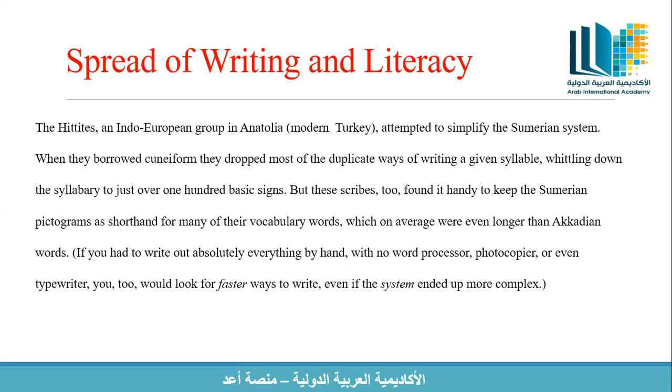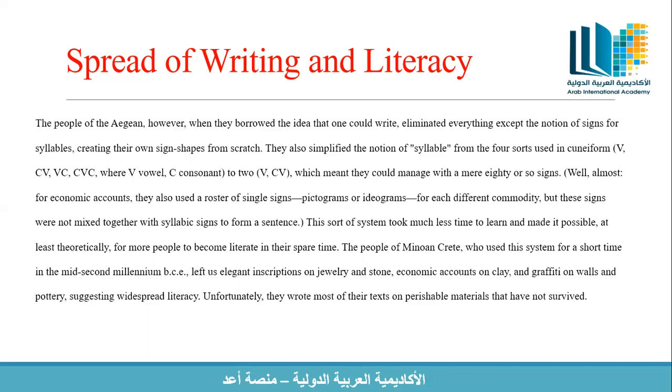If you had to write out absolutely everything by hand, with no word processor, photocopier, or even typewriter, you too would look for faster ways to write, even if the system ended up more complex. So the people of the Aegean, however, when they borrowed the idea that one could write, eliminated everything except the notion of signs for syllables, creating their own sign shapes from scratch.